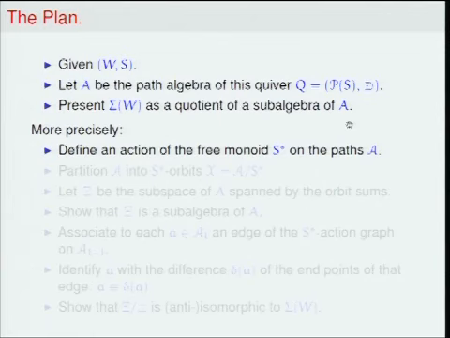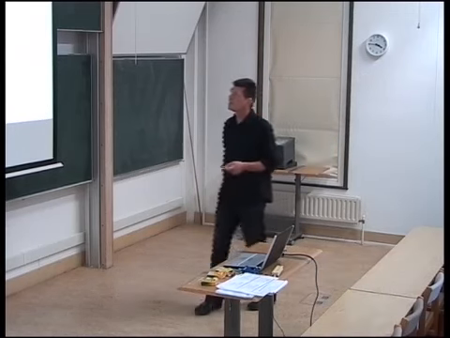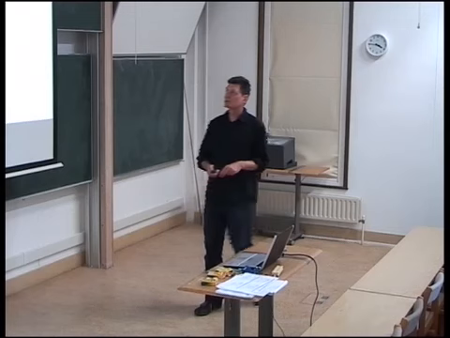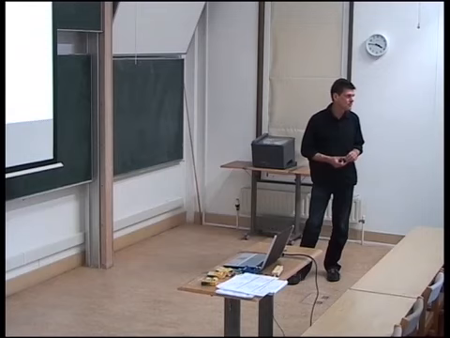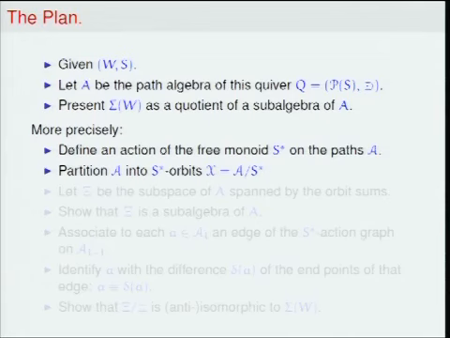More precisely, in order to find the subalgebra, I will introduce an action of the free monoid on this set S on the set of paths. This action partitions the set of paths into orbits. Call these orbits curly x's.